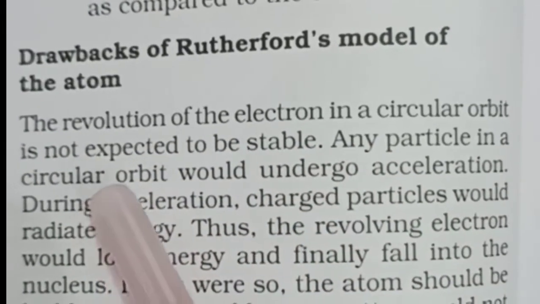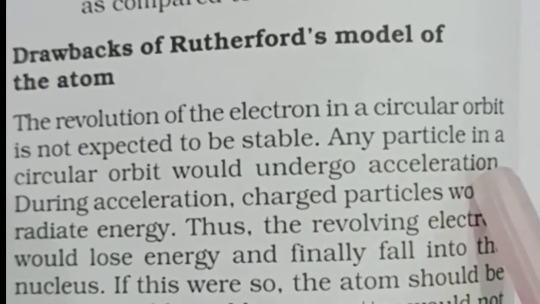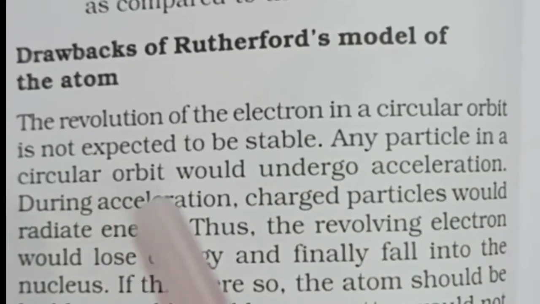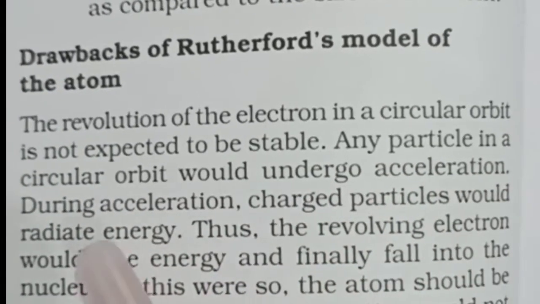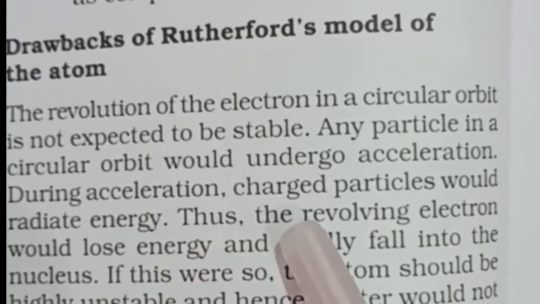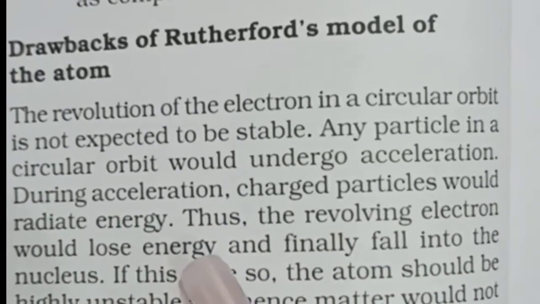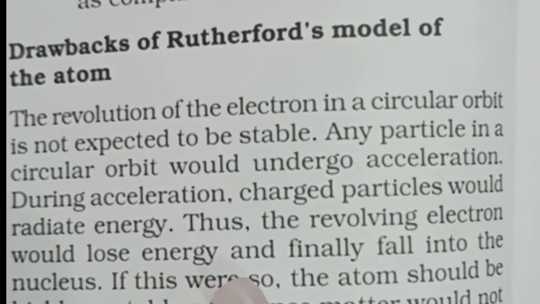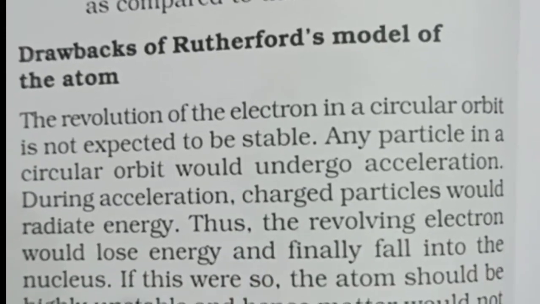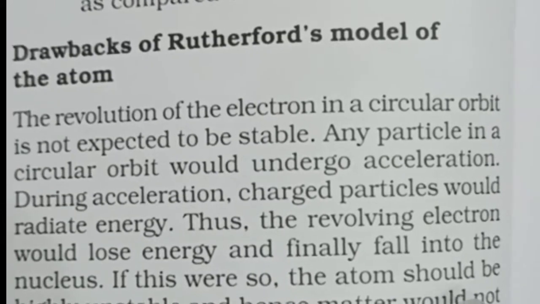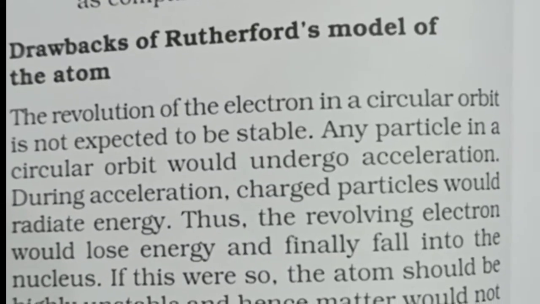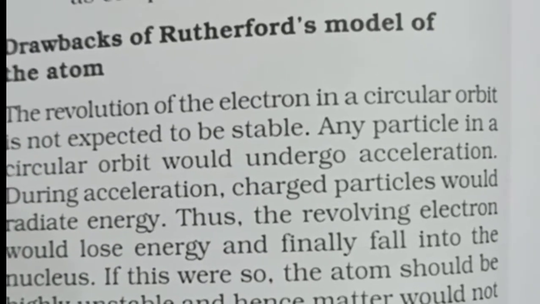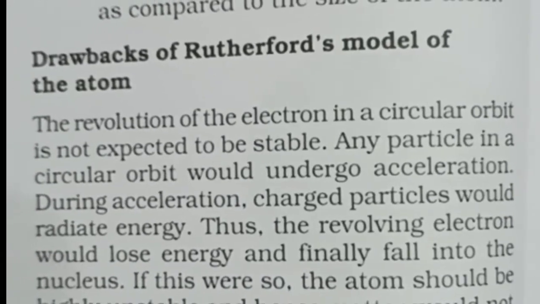Any particle in a circular orbit would undergo acceleration, and during acceleration, charged particles would radiate energy, and thus the revolving electron would lose energy and finally fall into the nucleus. If this were so, the atom should be highly unstable, and hence matter would not exist in the form that we know. We know that the atoms are quite stable.